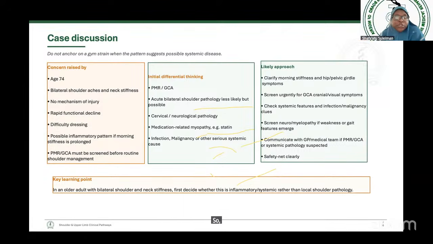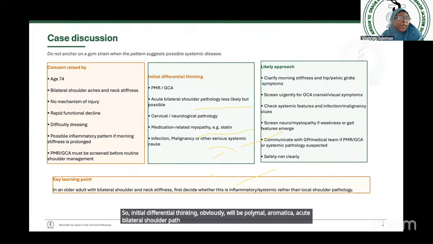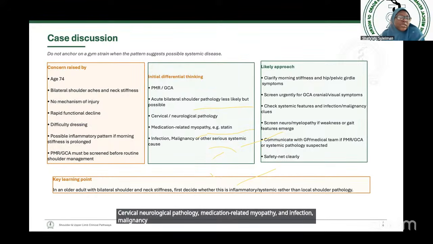So initial differential thinking obviously will be polymyalgia rheumatica. Acute bilateral shoulder pathology is less likely, but it can still be possible. Then cervical neurological pathology, medication-related myopathy, and infection, malignancy, or other serious systemic causes.